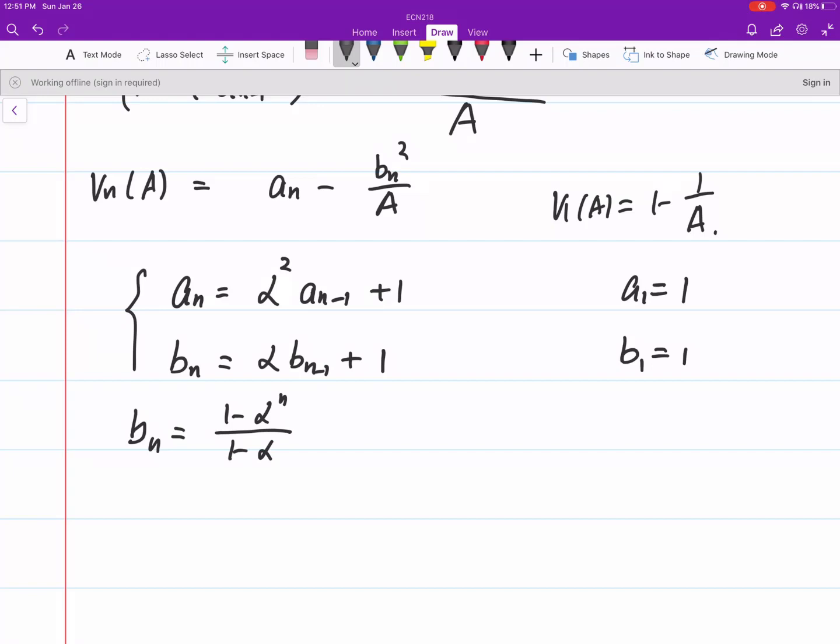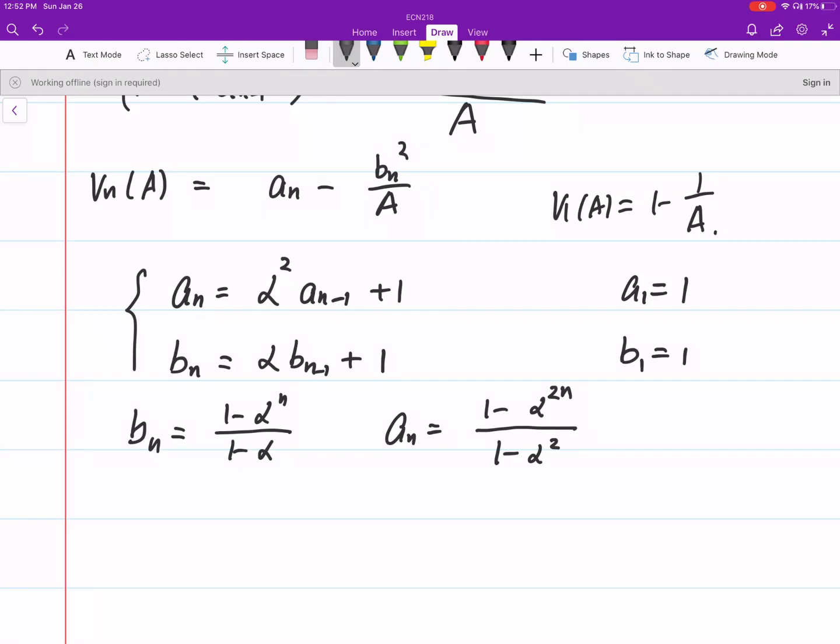That's exactly the sum of the geometric sequence. And for a_n, we see the common ratio is alpha squared, so it's 1 minus alpha squared to the power n over 1 minus alpha squared. So these are the ones we have.